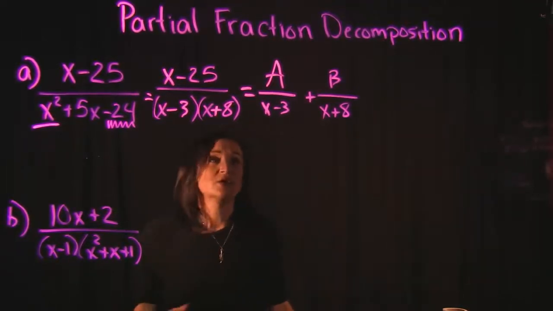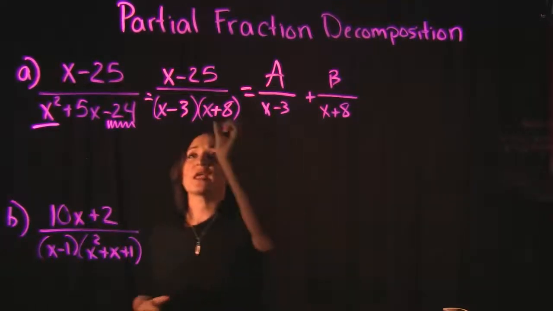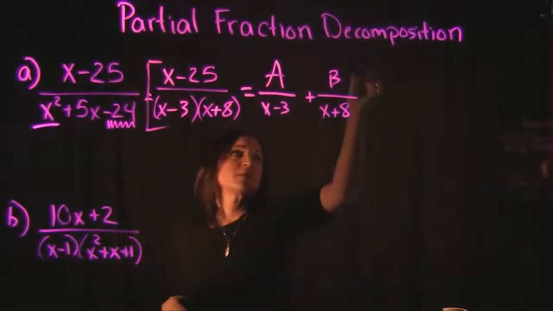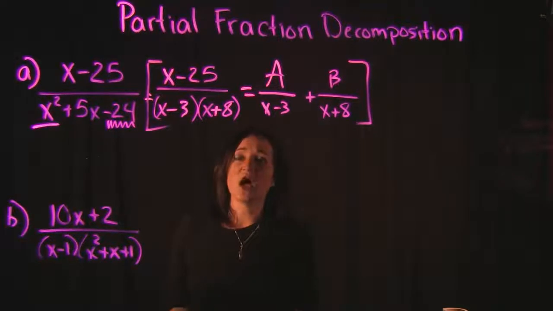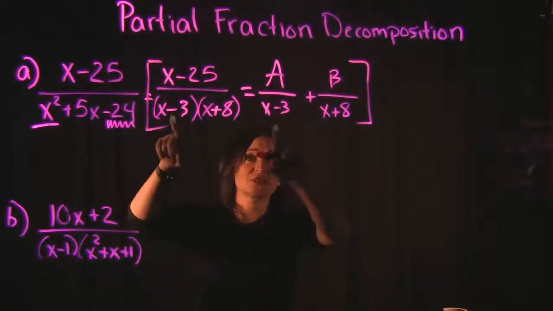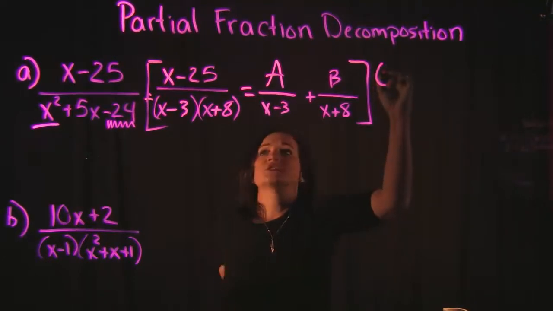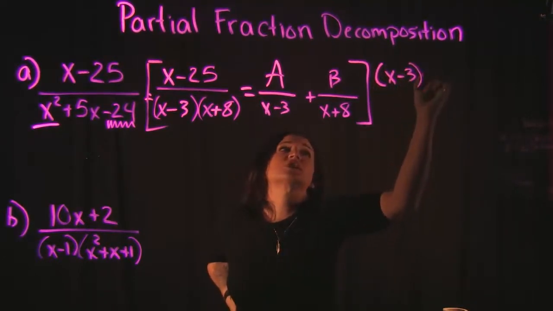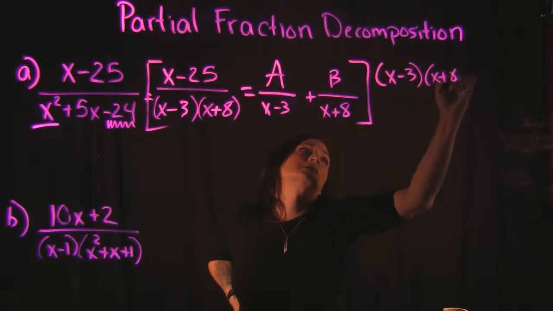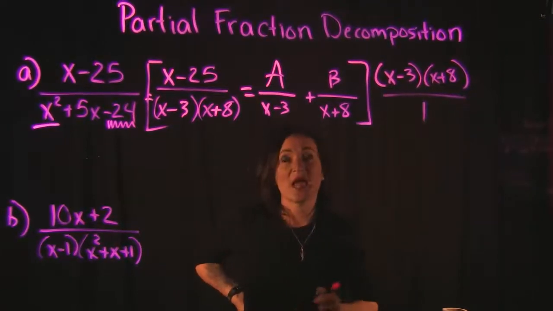The common denominator of this entire problem is just x minus 3 times x plus 8. So we are going to multiply the entire equation by x minus 3 times x plus 8.